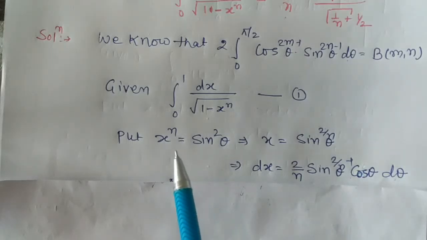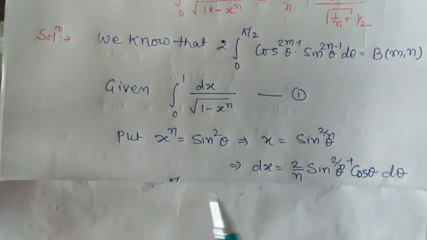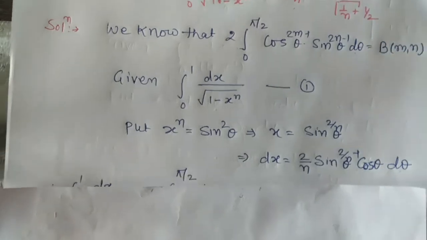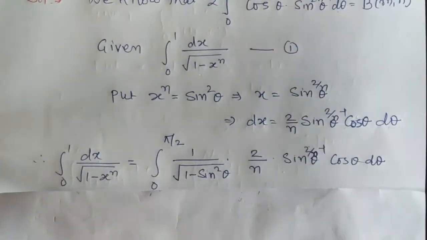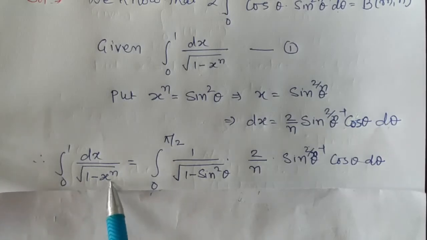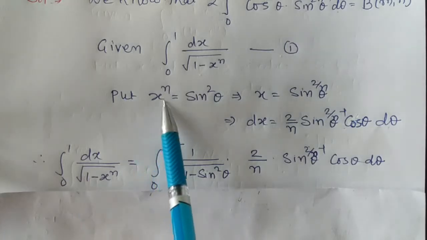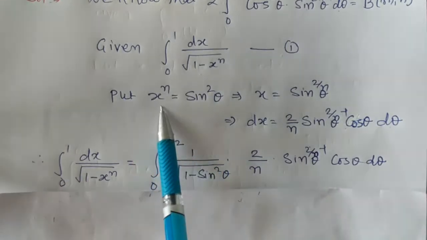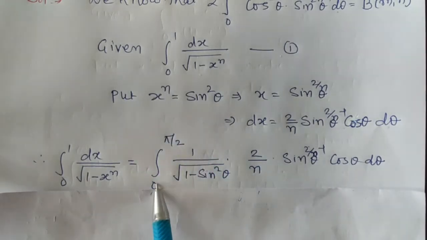Now putting these substitutions in the given integral, we get the integral 0 to 1 dx upon square root of 1 minus x power n. The lower limit of x is 0, which gives sin theta 0 and we get theta is 0.